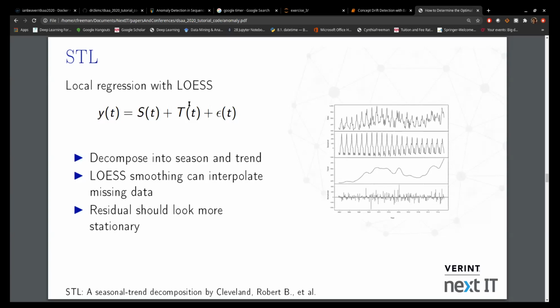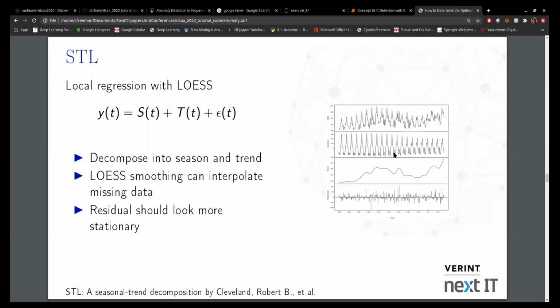And the hope is that the remainder component will look more stationary and then can be used with a sliding window Gaussian detector. Finally, the STL method also includes an outer loop that helps handle outliers, and it updates a robustness weight that reduces the contribution of these extreme points.